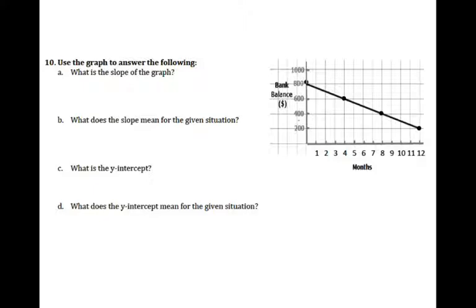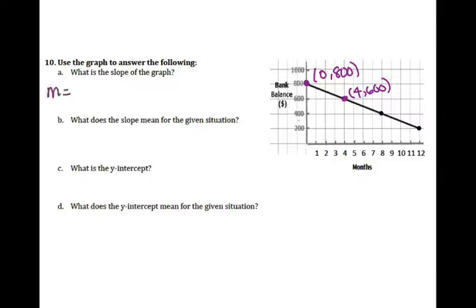So in order to find the slope, I'm actually going to label some of my points. So this point right here is 0, 800. And this point right here is 4, 600. And I'm going to go ahead and find my slope using my slope formula.